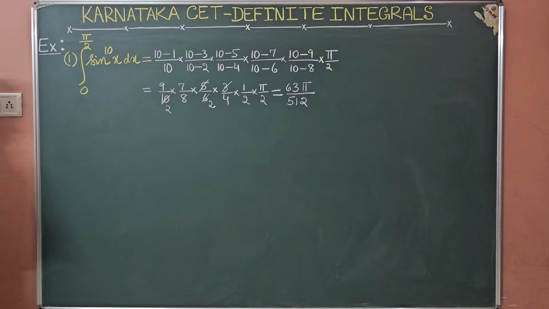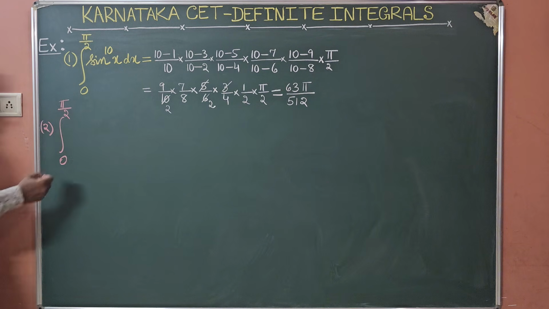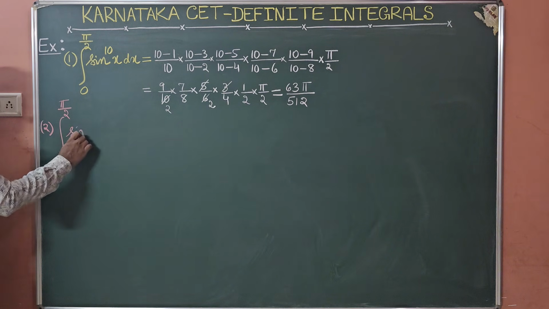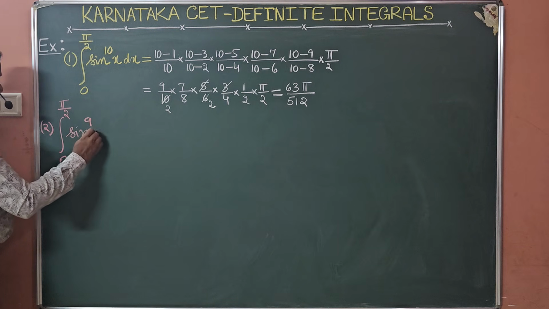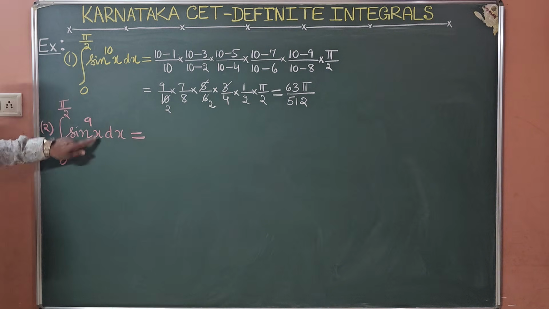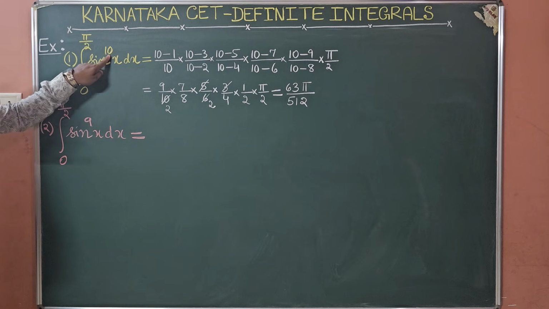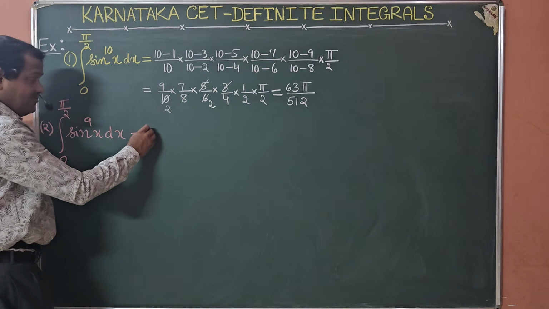I would like to take up a second example where I will take the same limits; I cannot change the limits. Integration from 0 to pi by 2, but I will take sine power 9x dx. The difference you observe from the previous exercise is that the power is odd, 9. In the previous one the power was even, but it will begin in the same way, n minus 1.